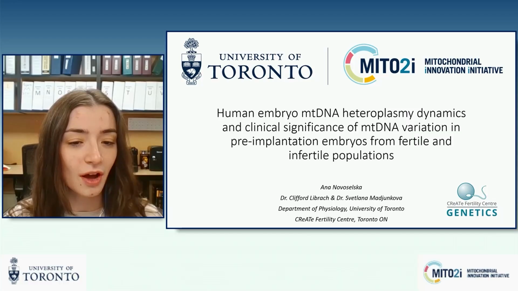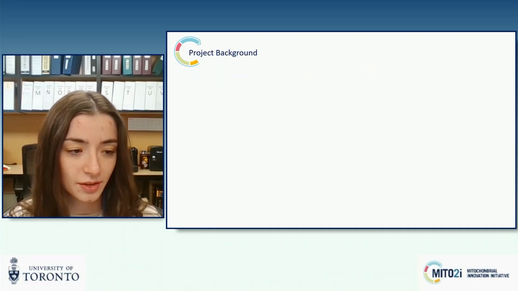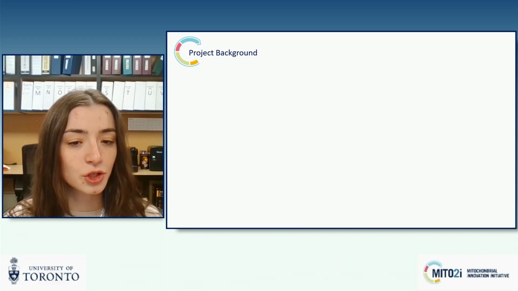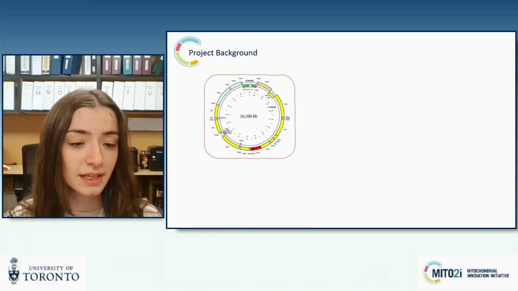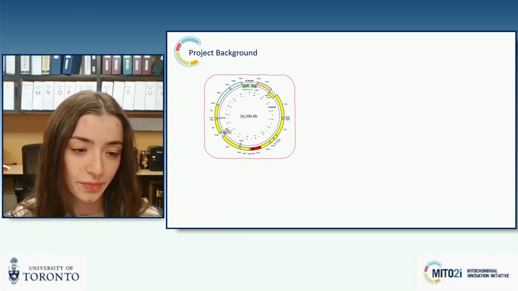So I'll first start off by giving a background of important concepts surrounding my project. What makes the mitochondria really unique compared to other organelles is that they contain their own genome called the mitochondrial DNA.